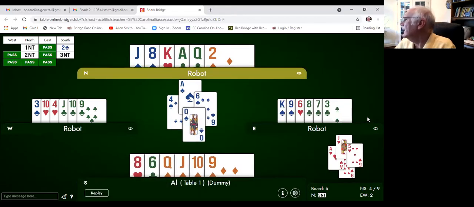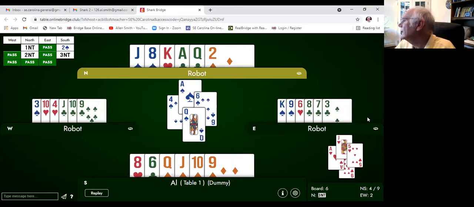Now, what do we have left? We've got the diamonds. We've got 2 club tricks. We've got the king of hearts. Those are all good. So we've got 1, 2, 3, 4, 5, 6, 7 tricks left, and there's 1, 2, 3, 4, 5, 6 cards left. So we've got this made in the shade as long as we play it correctly.